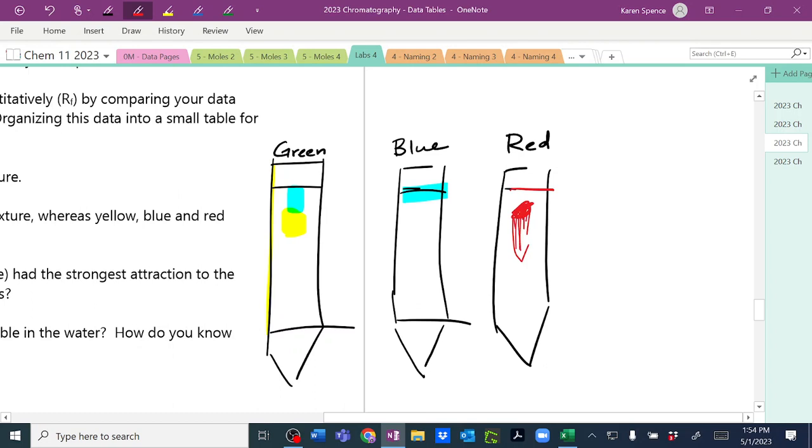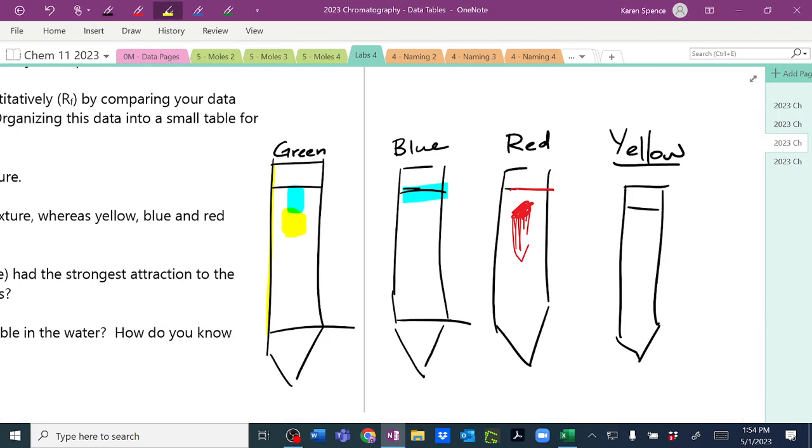Okay, and when we had yellow, what did we see? We saw yellow. Now, how do we know that this one is a mixture and that these are not mixtures?